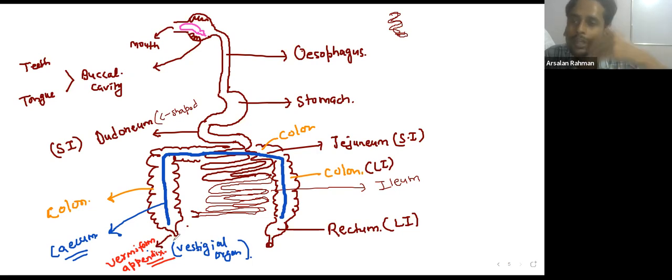So during the course of evolution, the function of this organ became useless. So now this is a vestigial organ. What is the meaning of vestigial organ? It means that many thousands of years ago this organ was useful, but nowadays it has no use. Do you get my point?